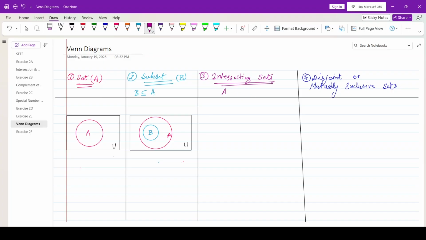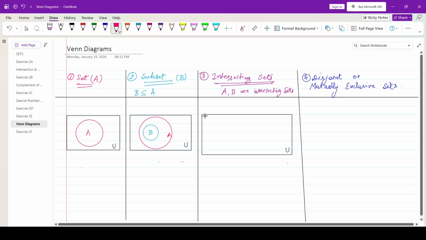Now let's talk about intersecting sets. Let's say A and B are intersecting sets. So first we draw a universal set. This is our universal set and it is denoted by U. Now our A is a set inside this universal set.